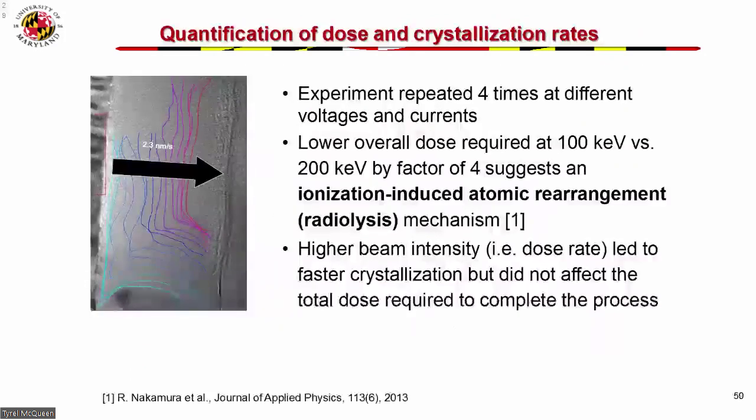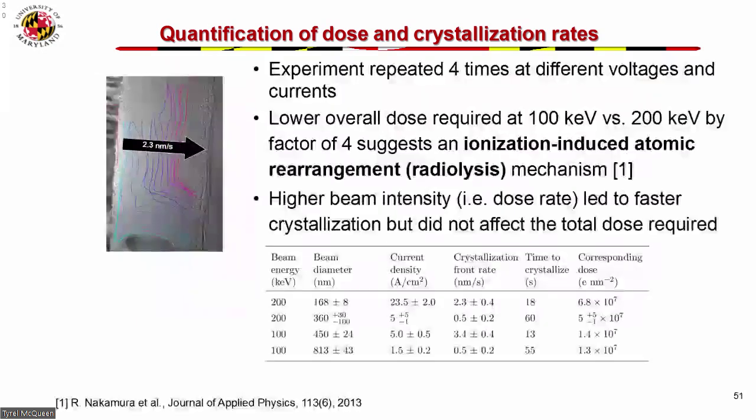So we basically repeated this experiment on several samples, changing the voltage from 100 kV to 200 kV, changing the dose of the electron beam, spreading it or converging it, and actually measuring the beam intensity and dose. And here we see that the speed of the crystallization front depends on how converged the beam is, basically the current density.